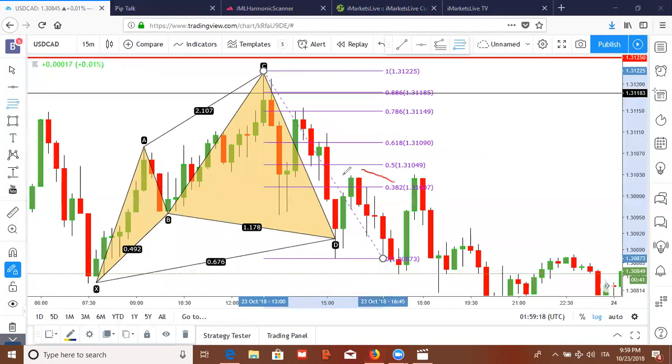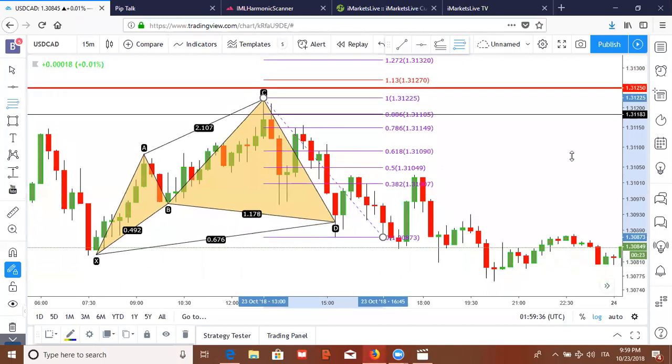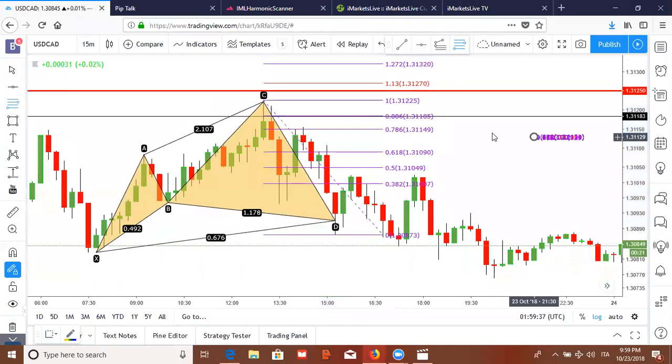We got that 38.2 hit right here. And my second target would have been a 61.8. I don't think price went up and hit the 61.8 before stopping us out. So we would have achieved target one.